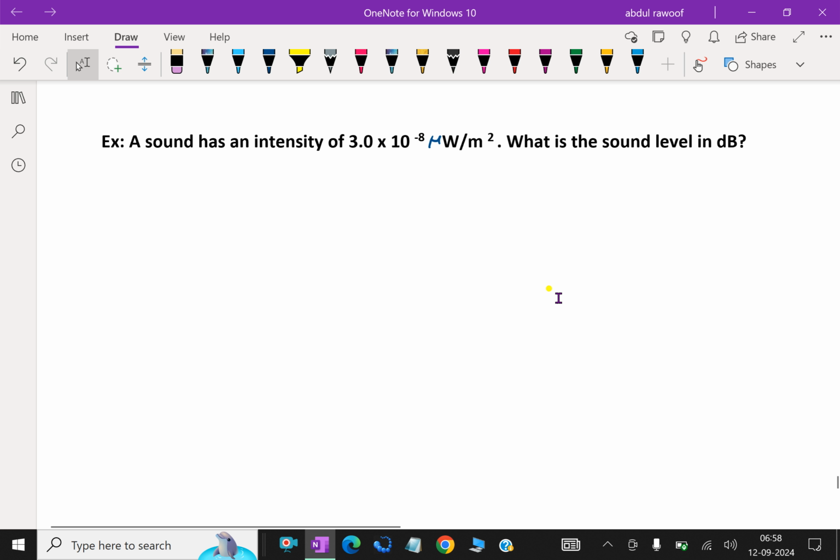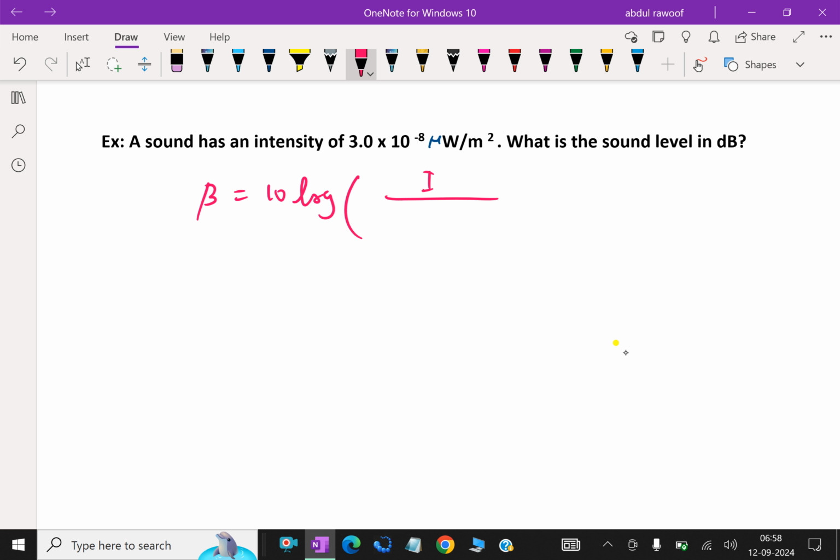What is the sound level in dB? Your sound level in dB, the formula is beta equals 10 log of intensity over 1 into 10 power minus 12.